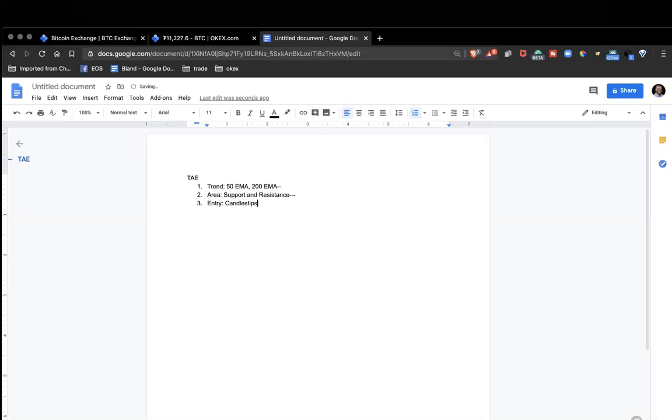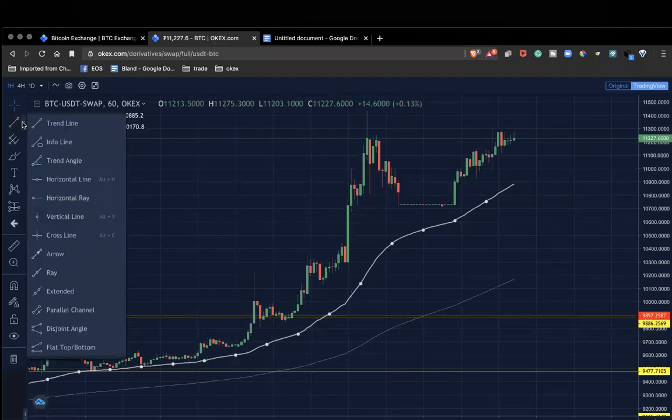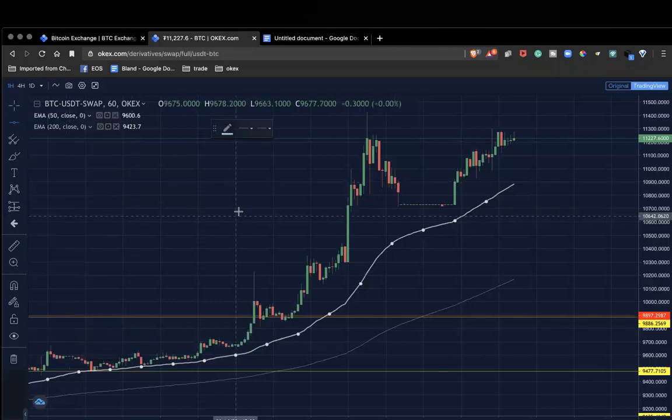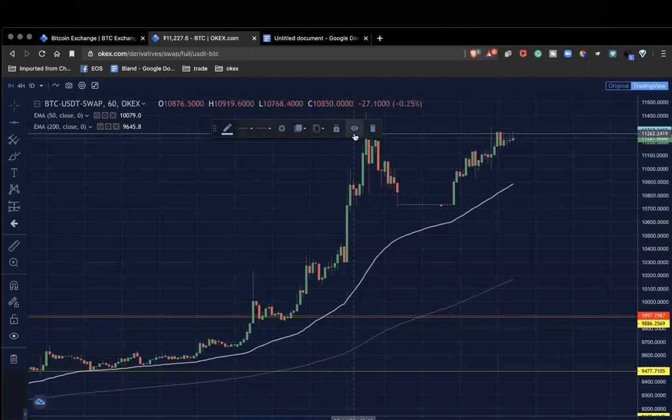Okay, let's try to look for an area of value in this chart. Use lines to do support and resistance. Let's use a horizontal line. This is another line that I've drawn before, let me delete it.